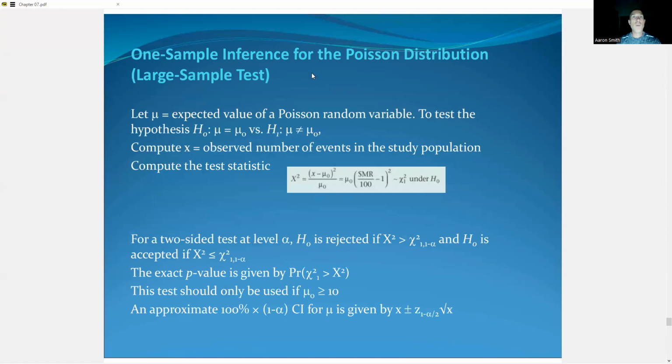All right, so one sample inference for the Poisson distribution, large sample test. Let mu equal the expected value of a Poisson random variable to test the hypothesis that mu is equal to mu sub 0 versus the alternative that mu does not equal mu sub 0. We're going to compute the observed number of events in the study population, and then we're going to compute the test statistic.